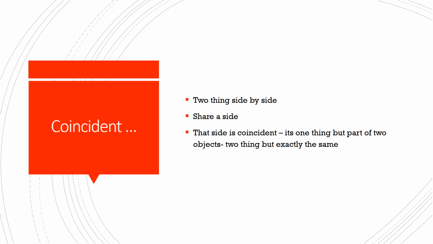Even though it's the border for each county, and it's a part of each county, it's also the same line. So when you move it for one, you should be moving it for the other. And that's what happens when you utilize some of this map topology and deal with these coincident features.